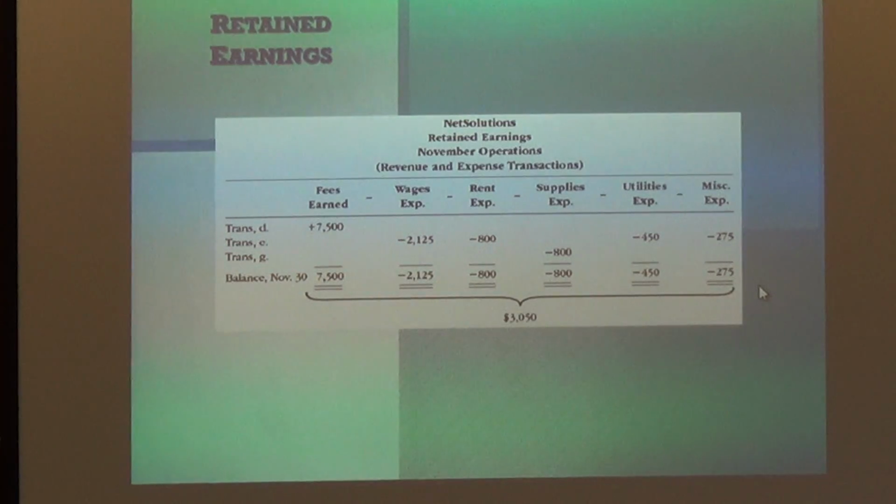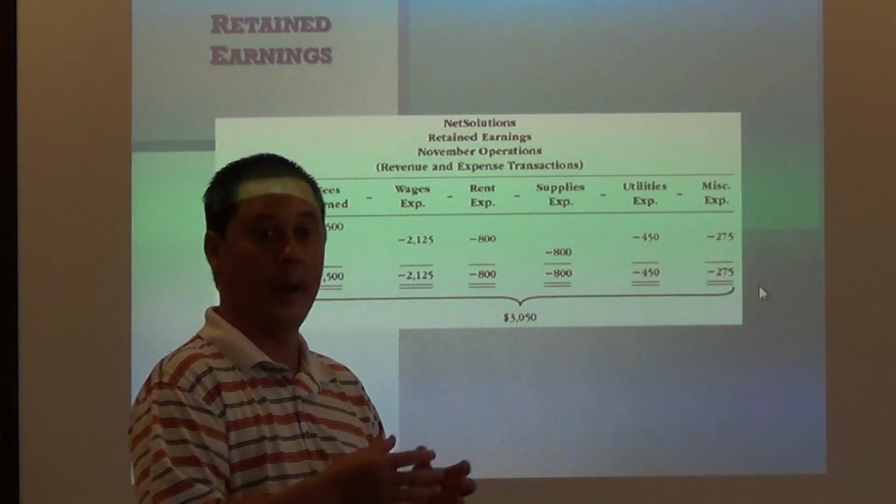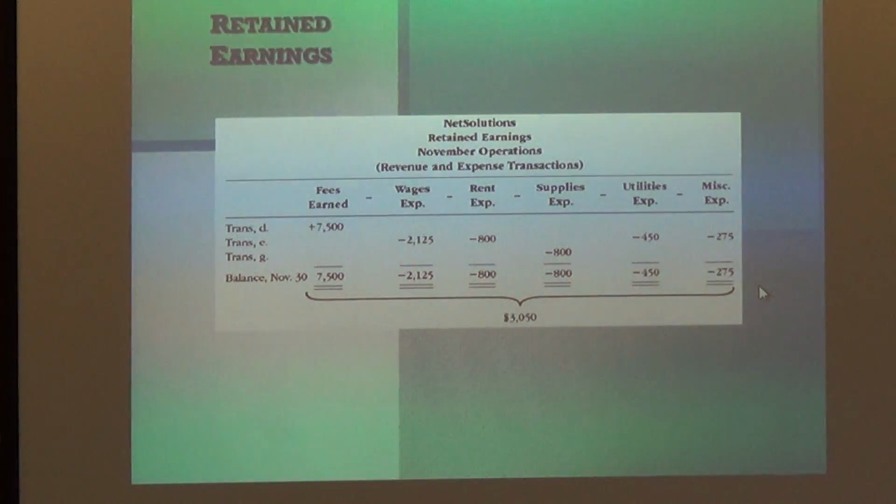That's what we've made and what we will add into our company. Because now we've made, let's just say, $3,000, our company's worth more than it was the previous month. We may have started off the month with $25,000, but now we've made $3,000 in profits, so it's up a little more. It's about $28,000.